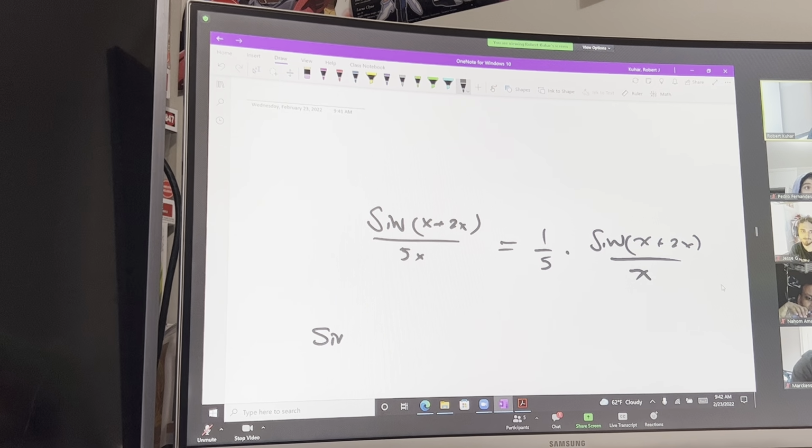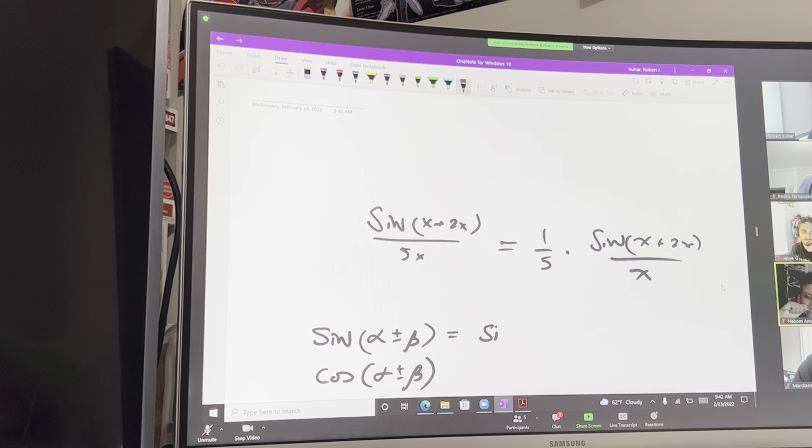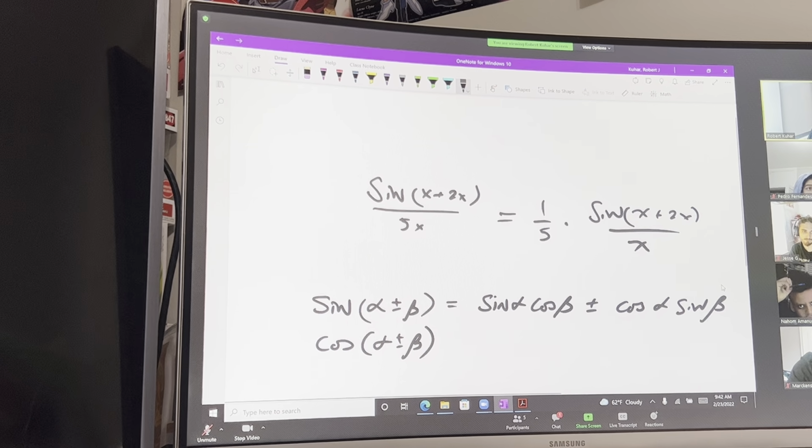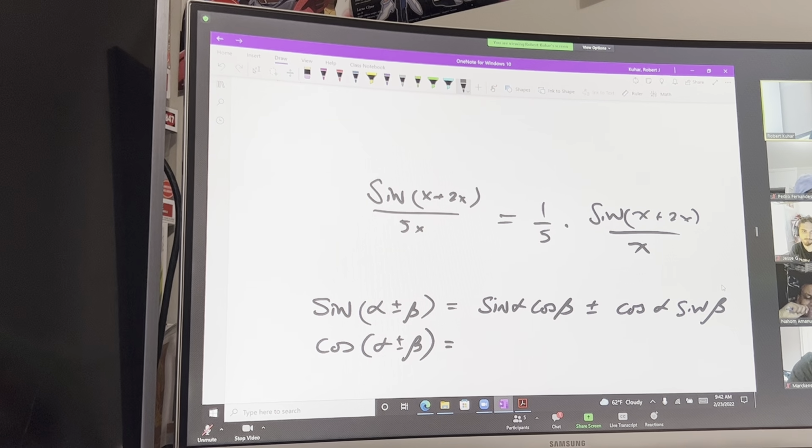But the key is that you know your sine of alpha plus or minus beta, and you know your cos of alpha plus or minus beta, right? So this one is sine alpha cos beta plus or minus cos alpha sine beta. If I use the plus here, I use the plus here.